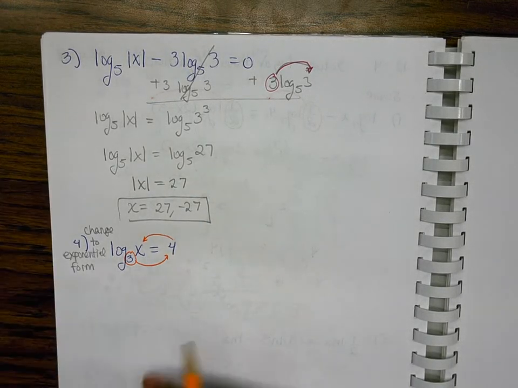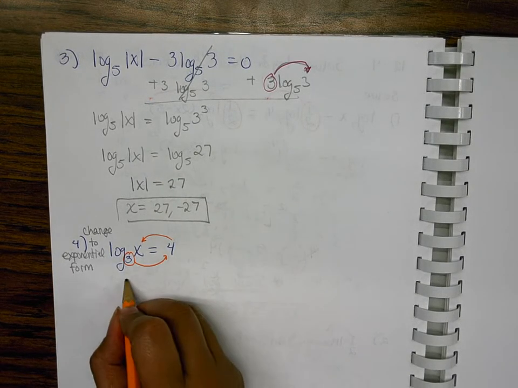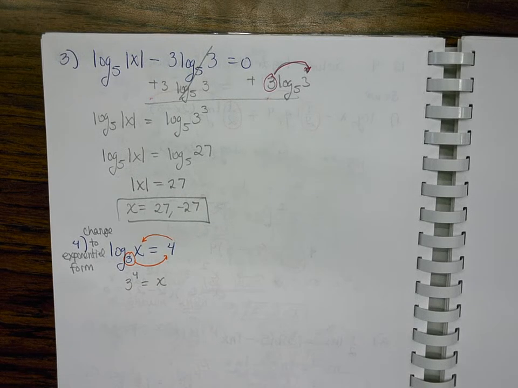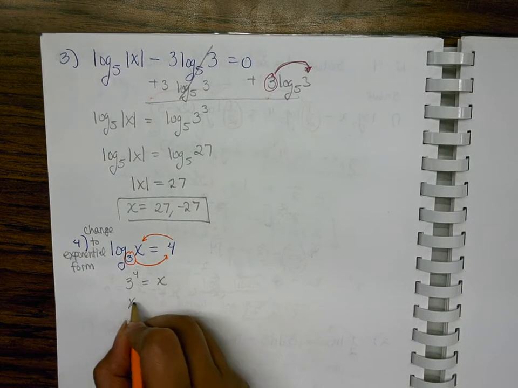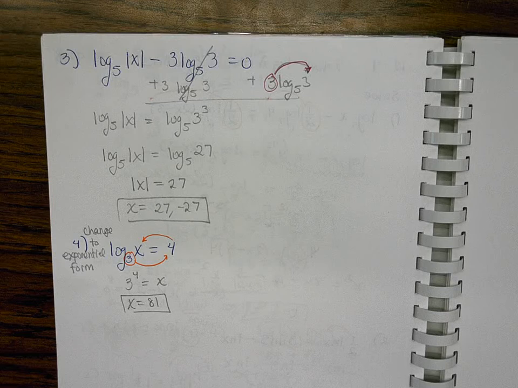It's already an equation. The ones we did yesterday, we made an equation. It wasn't equal to anything, and we put equal x. Well, this one already has an equals 4, so it's 3 to the 4th power equals x. And what is 3 to the 4th power? 81.